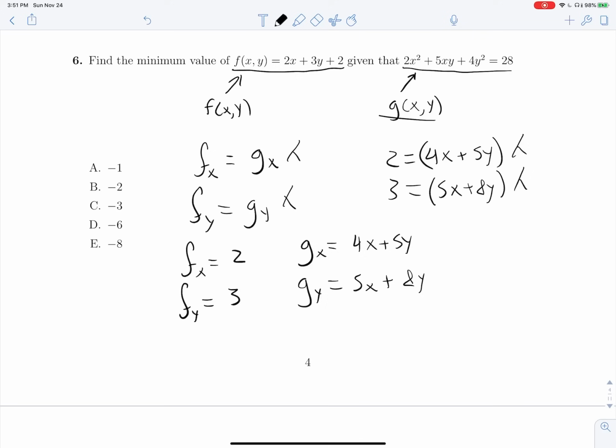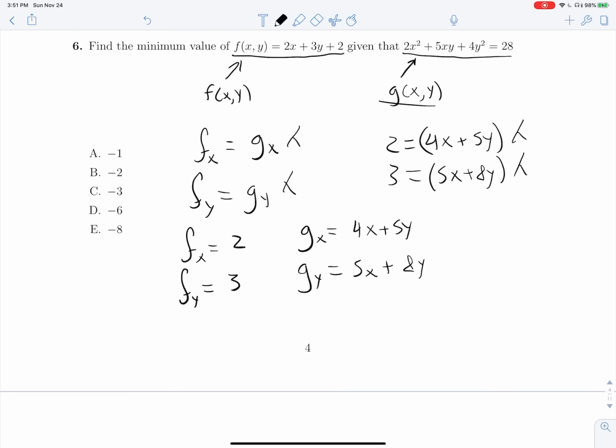So we can use lambda to our advantage in here by setting 2 over 4x plus 5y equal to 3 over 5x plus 8y, and setting both of these equal to lambda. And now we can multiply everything back up to the top and solve.